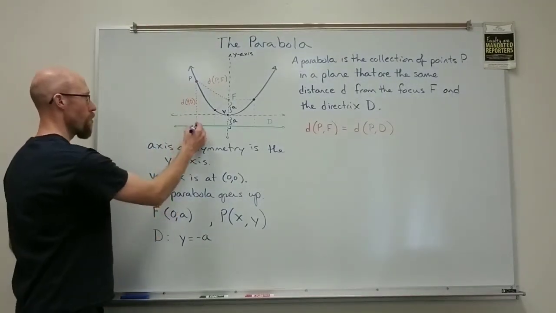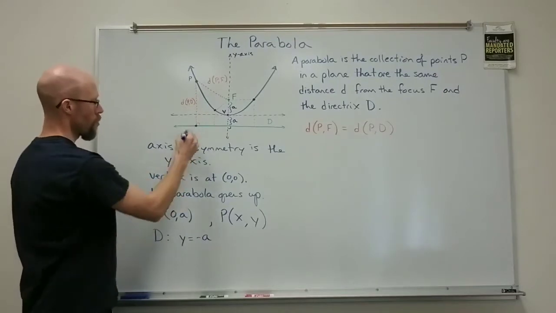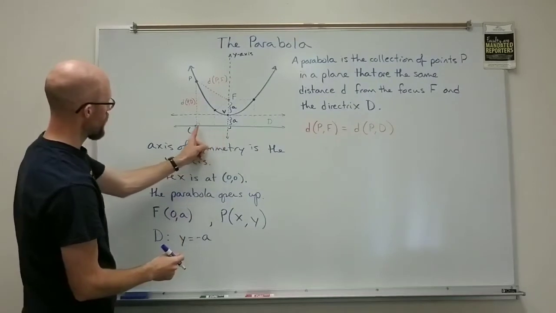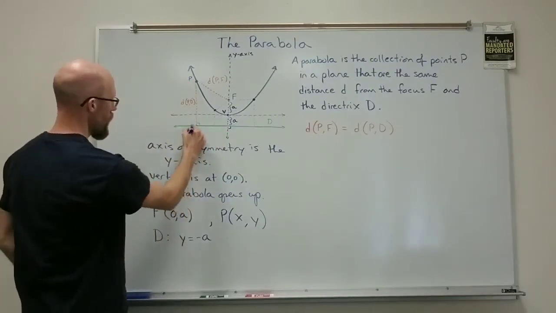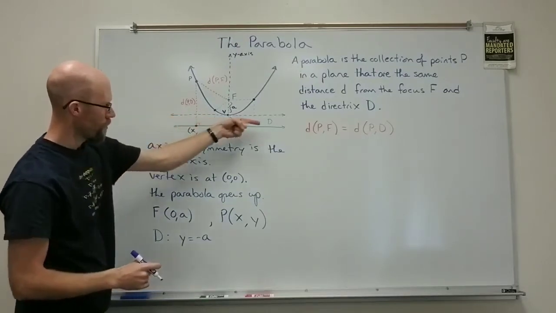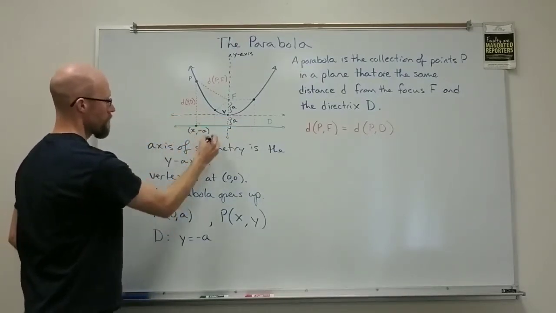And so this point also has coordinates. It corresponds to the same x coordinate as P, but now has the y coordinate of the directrix, which is negative a, right?